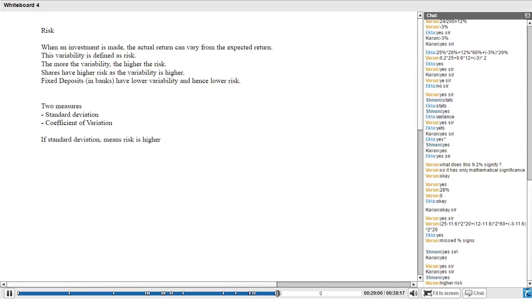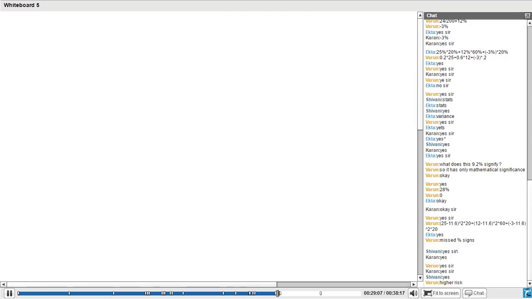Okay. So let's do one thought exercise. Suppose we have two investments, ABC and DEF, as options. In ABC, the expected return is 15% and the standard deviation, let's call it SD, is 6.5%.